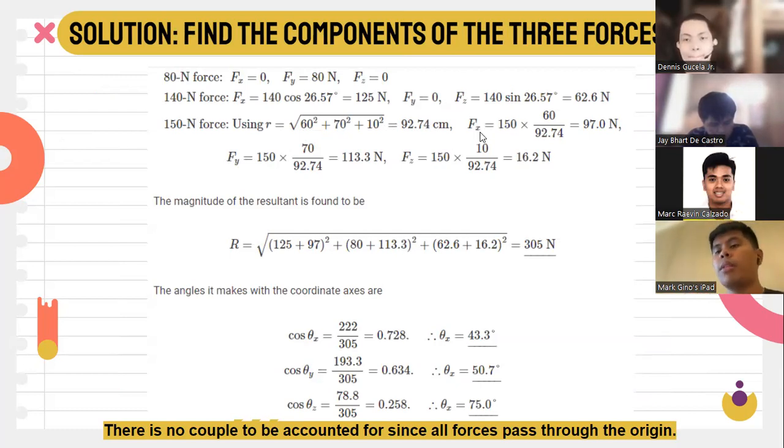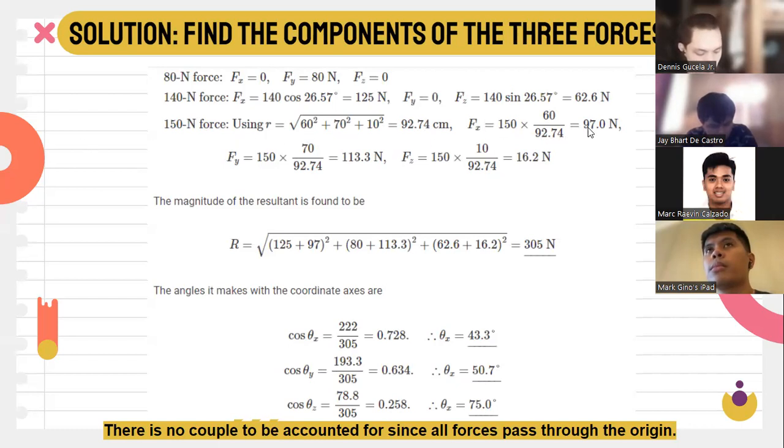F sub x is equal to 150 times 60 over 92.74. 150, of course, the N. 60 is the given in the x-axis of F sub 3, and the 92.74 is the resultant.